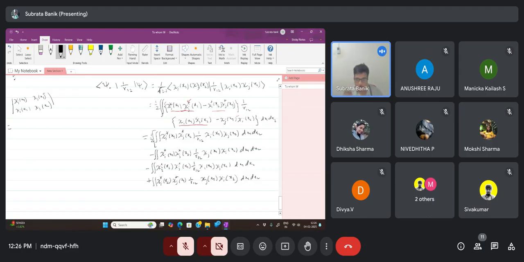Right? All the terms will come in as a negative. So let us simplify this whole expression.